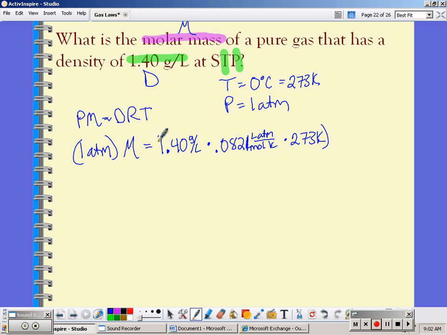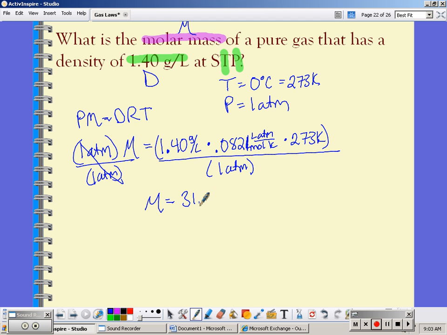To find the molar mass, I'm just going to simply divide by my pressure. So the molar mass would have to be 31.4, and if we look at our units, atm cancels, liters cancel, Kelvin cancels, so we're left with gram over mole.